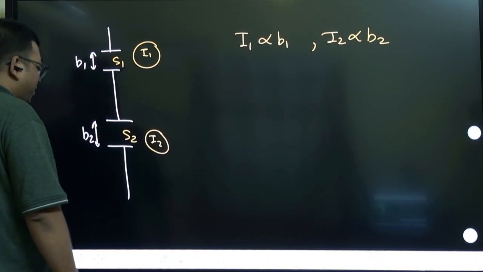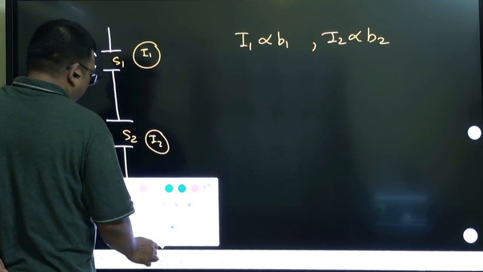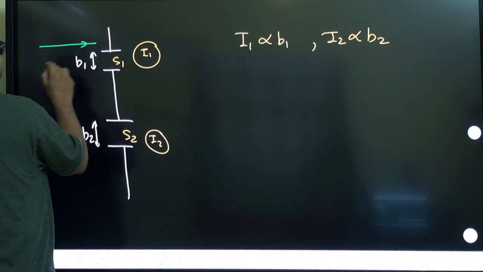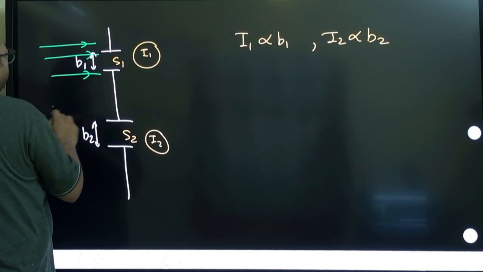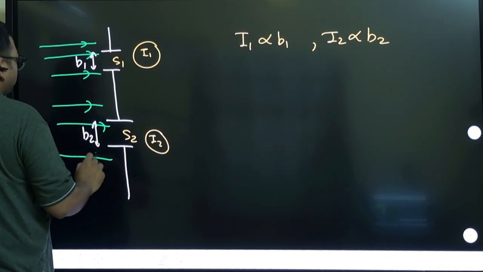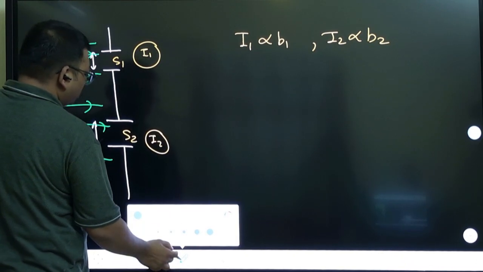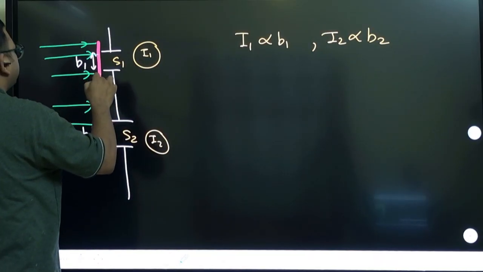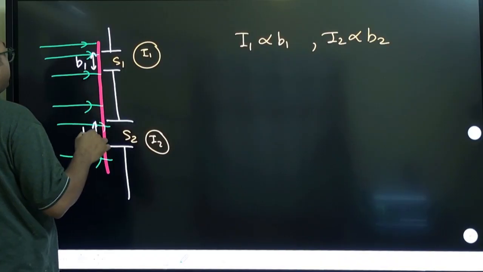So here we have taken that rays are coming parallel like this way, right? If parallel rays are there, then a flat wavefront or plane wavefront will be there.